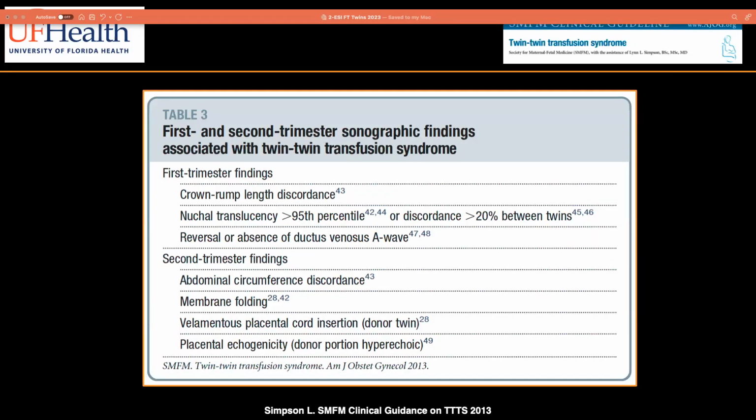Now, SMFM has its guideline for twin-to-twin transfusion syndrome, and they use an NT more than the 90th percentile, not 99, and a discordance of more than 20% between the twins, which is what Kagan alluded to as well.